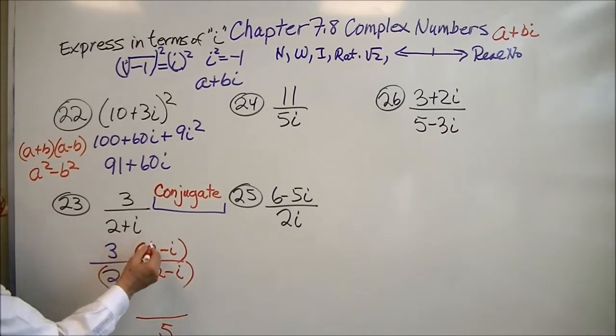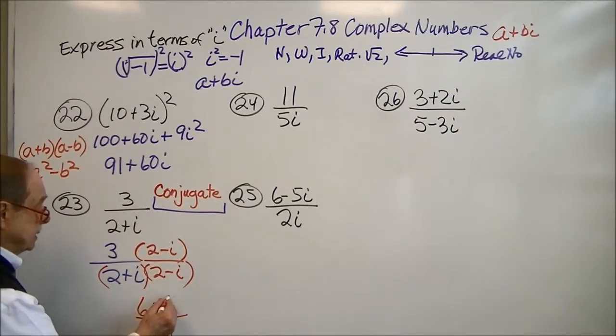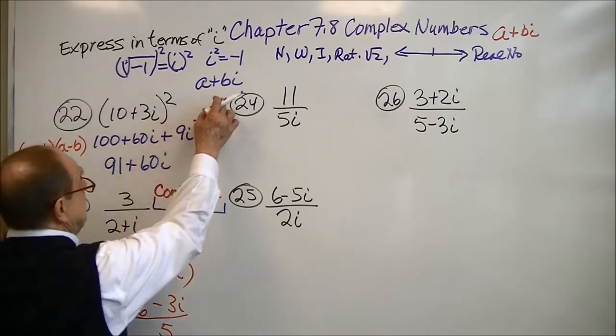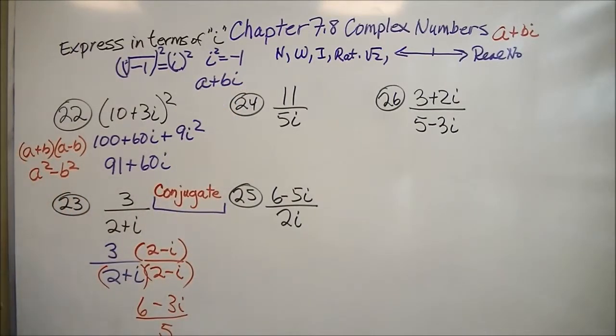And now we just distribute. This gives us a 6 minus 3i. Now suppose you put that in the math lab. They'd count it wrong. Why? That's the answer. We've rationalized the denominator in a sense. Because it's not in standard form. Well, what do I have to do to put it in standard form?